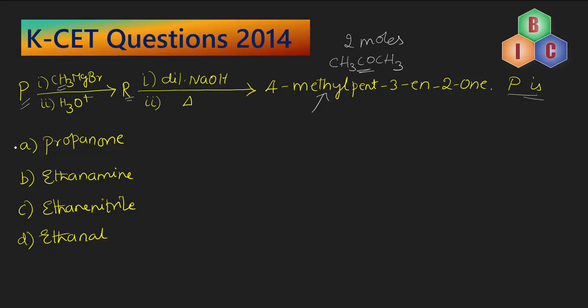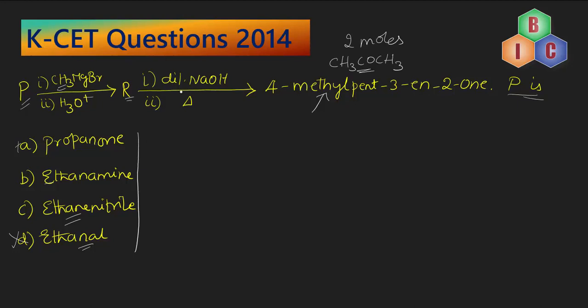So definitely it is not this, it is not even this, because it's already ethanal. So the choice could be between these two. So it's not even going to be ethanamine, it's going to be ethane nitrile. Why or how? Let's write this equation and we'll get a deeper understanding.